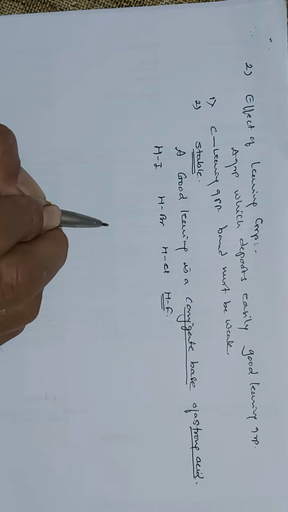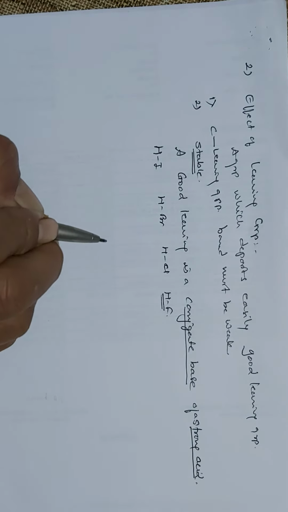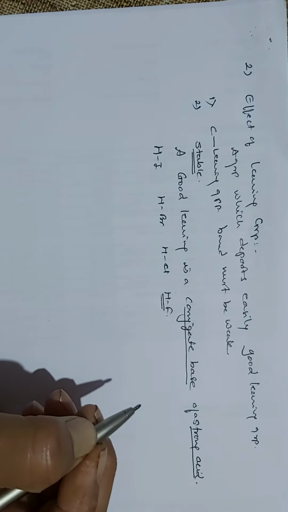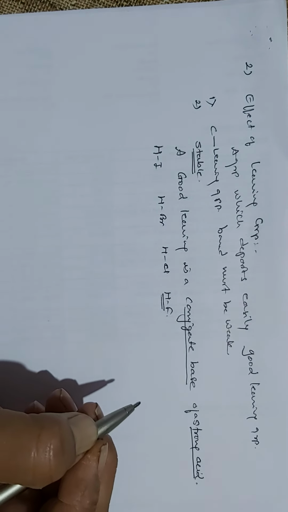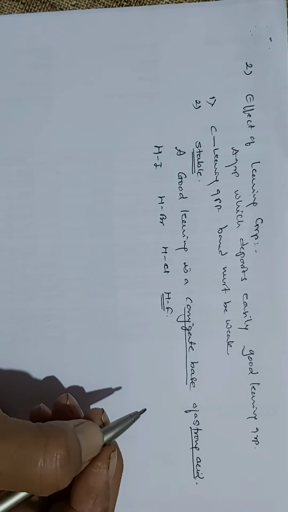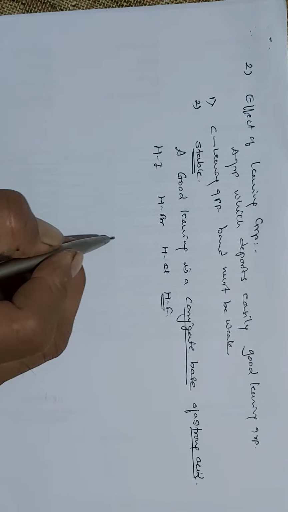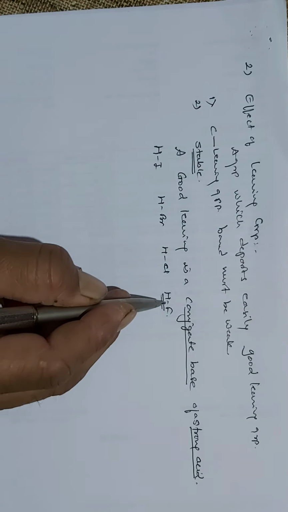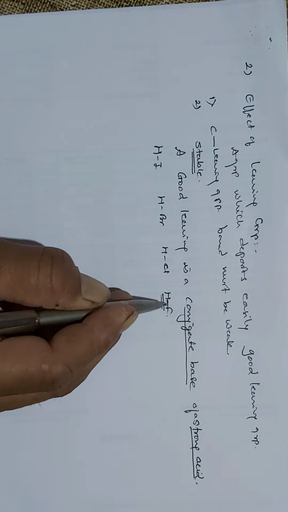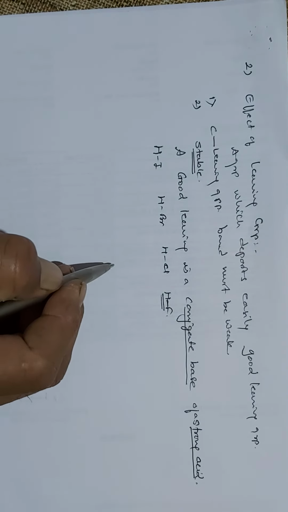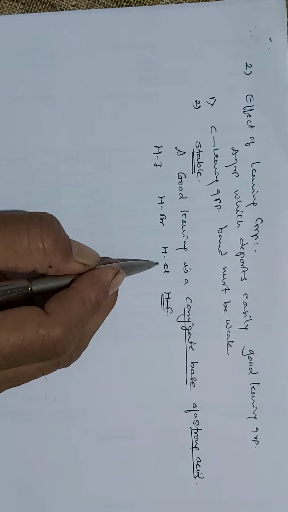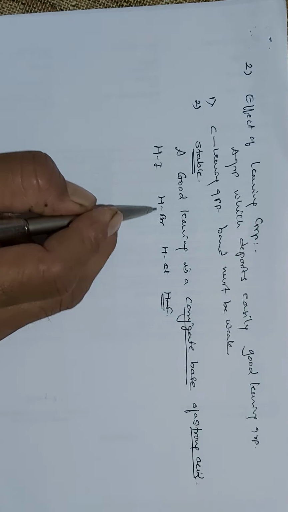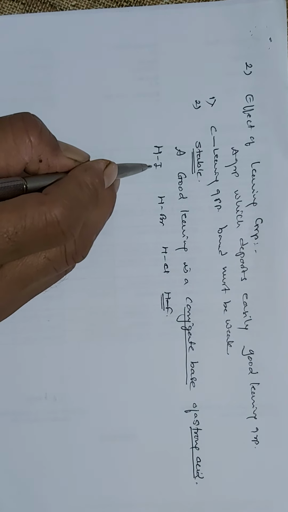But this concept is not correct. What is a strong acid? An acid is a substance which gives H plus ions. So out of all these four molecules, which will give a greater number of ions easily? As HF has a stronger bond, breaking this bond is more difficult than in hydrogen chloride, which is more difficult than hydrogen bromide, which is more difficult than hydrogen iodide.